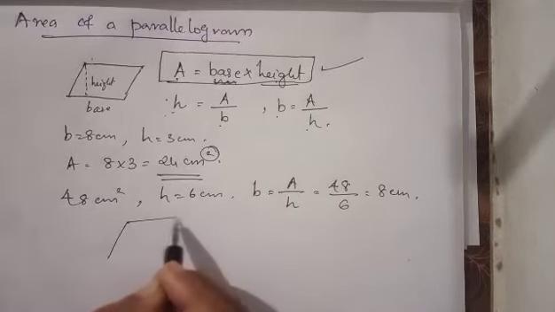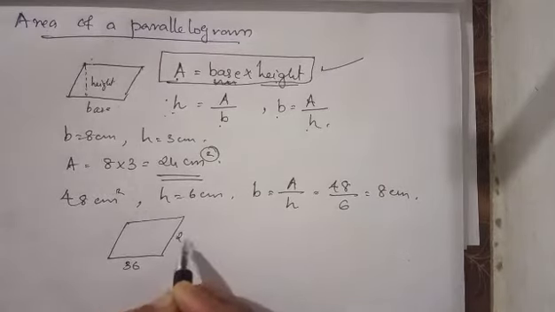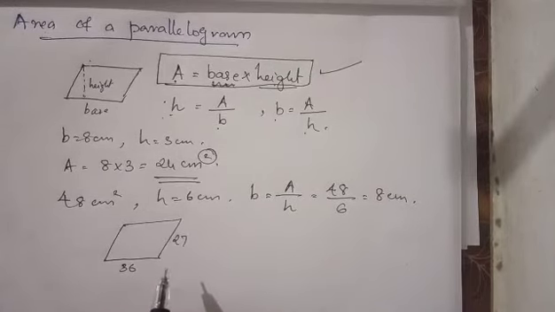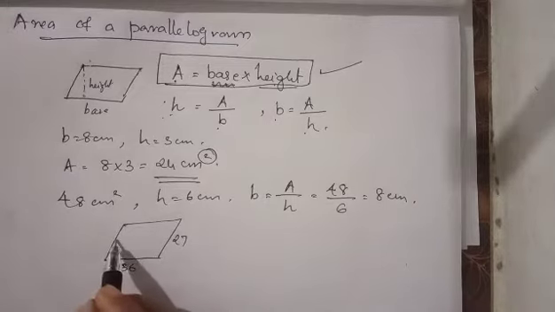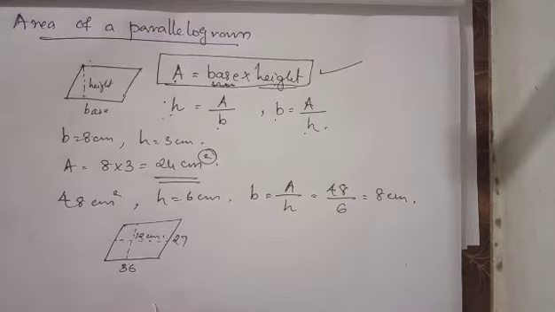One parallelogram's adjacent sides are given, 36 and 27. If the perpendicular distance between the shorter sides is 12 centimeter, this distance between these two is 12 centimeter. And what is the distance between these two?